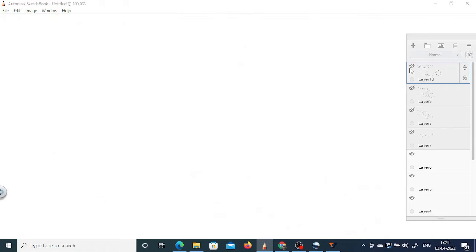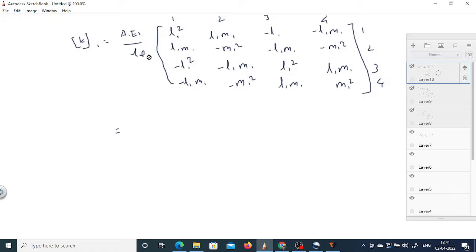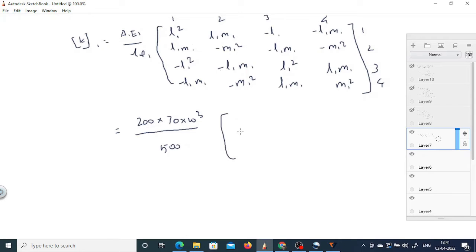So I can substitute that area value into our formula. Area is 200, and the Young's modulus value, which we already found, is 70 into 10 power 3, divided by LE1, which is 500, into L1 square.